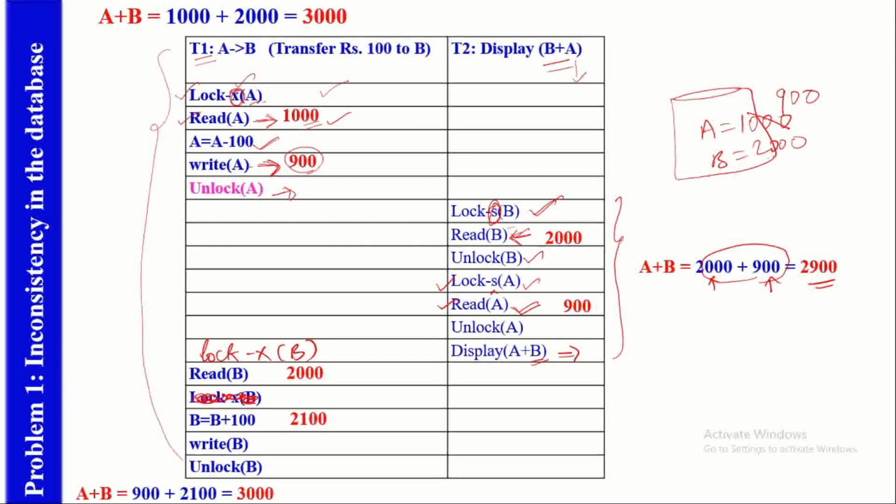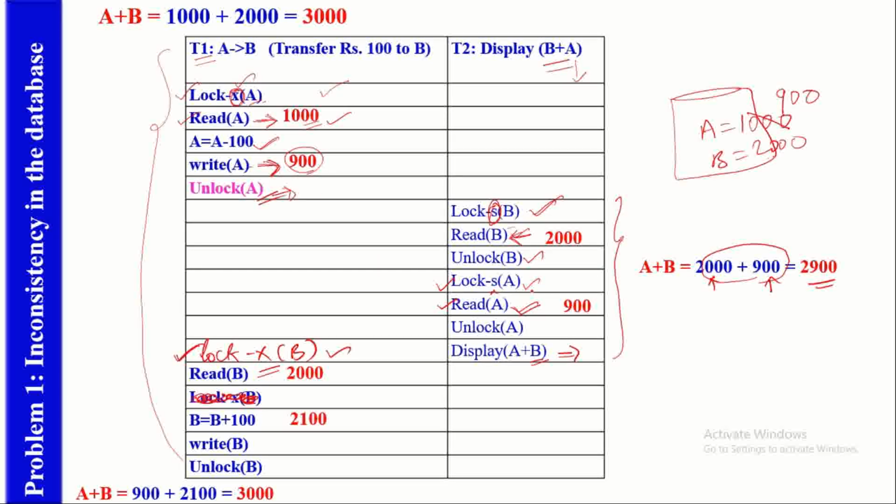That is, it wants to do a read operation on B and a write operation on B. That's why it has to acquire an exclusive lock on B. So for getting the exclusive lock on B, it sends a lock request in exclusive mode on B. Once it is made, it will be immediately granted because no other transaction is holding a lock on any of the data items.